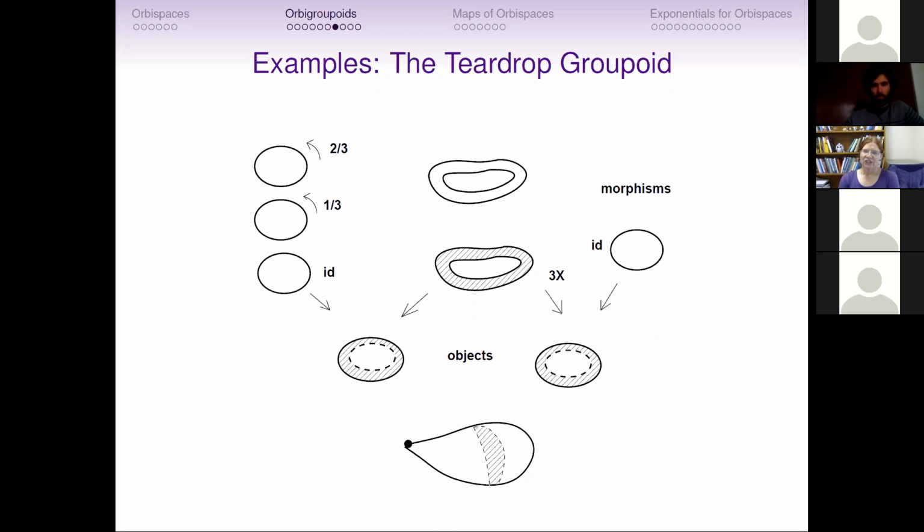And then just like the interval, we have to glue those together, so we've got those little annulus of gluings that say I'm going to identify the outer edge of the one disk with the outer edge of the other disk. I actually have two annuli showing up there because, to make this a groupoid, once you have an identification that goes from one to the other, you need an identification that goes from the other to the one. So that's the inverse maps. Okay, so we can get that put together.